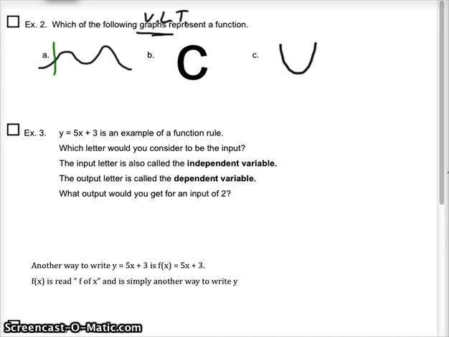I'm just going to draw some lines in here. And now what I want you to notice, on A, no matter where I draw that vertical line, it only intersects once, okay? It only touches that relation once. So this one passes. And what does that mean? It is a function.